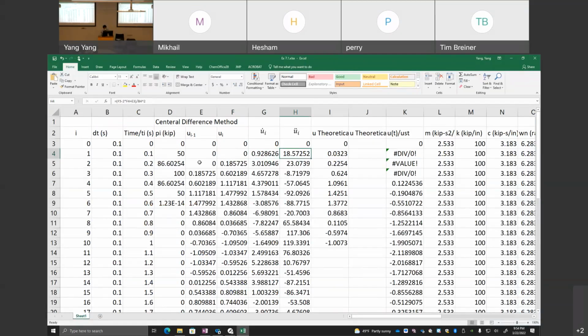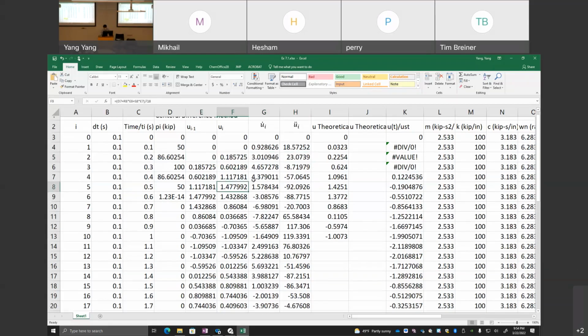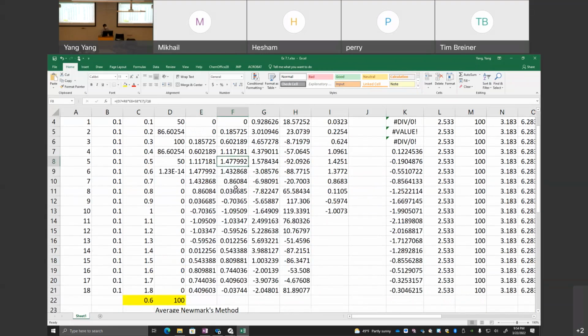We use the same procedure, going down for each different time i number and ti number, so that we can get all the displacement, acceleration, as well as the velocity, so we can solve all of them at the same time.